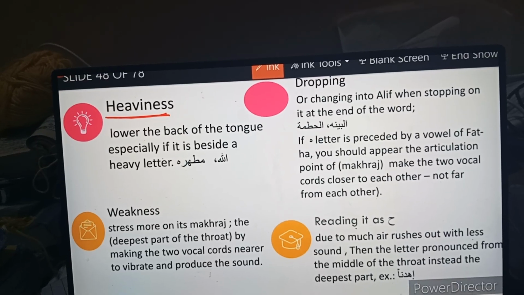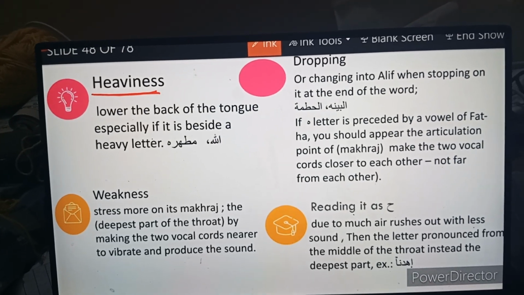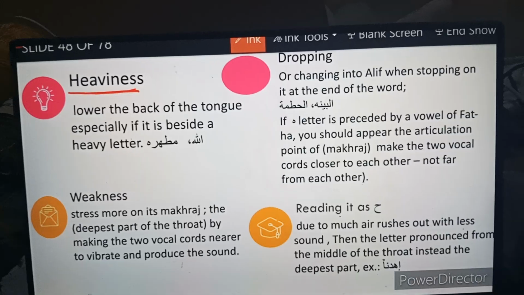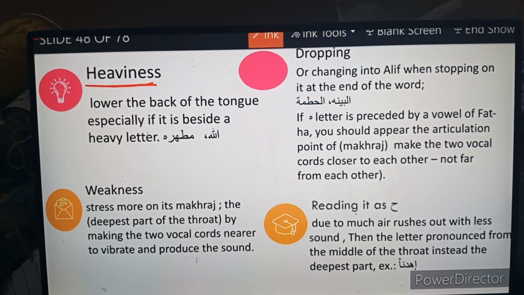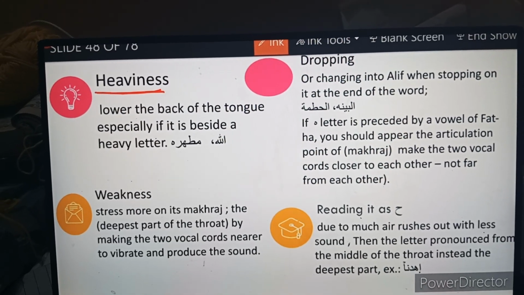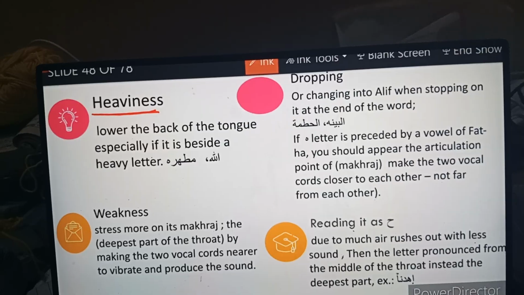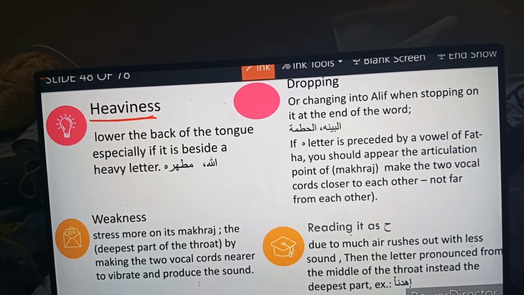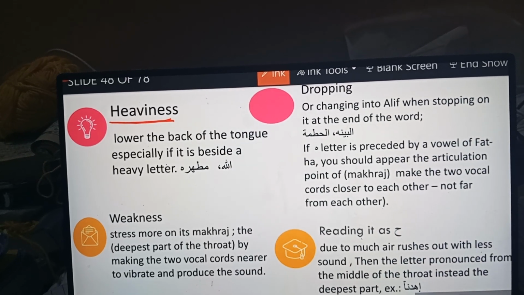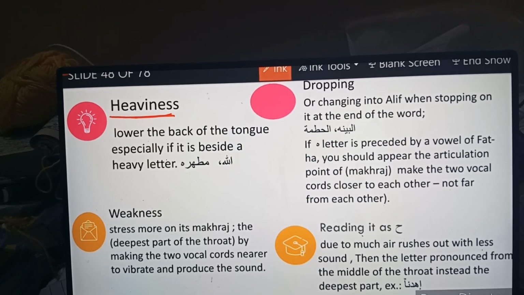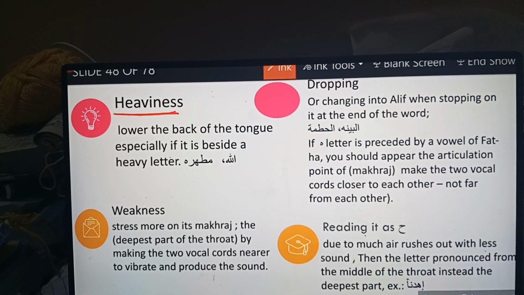Lower the back of the tongue, especially when we say it after a heavy letter, like the lam in the name Allah.